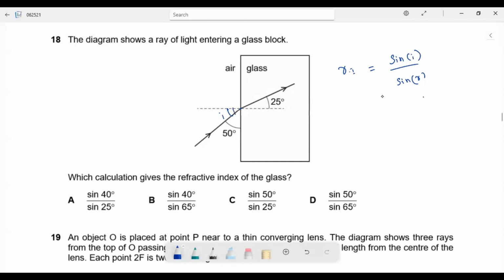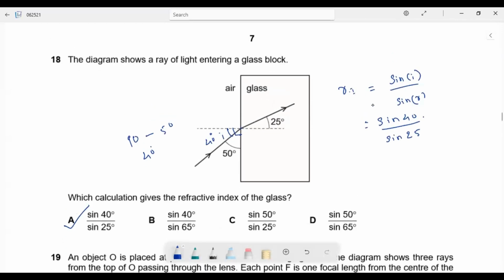We can find the incident angle. This is totally 90 degrees, so 90 minus 50 will give the incident angle, that is 40 degrees. And the refracted angle with respect to the normal is 25 degrees. So we can write it as sine 40 by sine 25. So the right answer is A, sine 40 by sine 25.